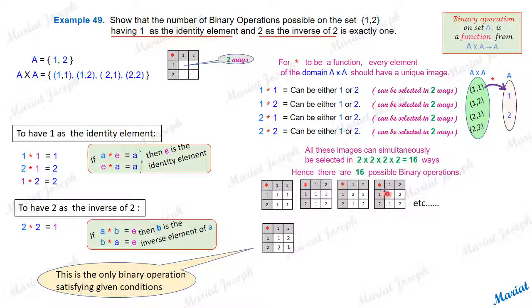There may be 16 binary operations, but this is the only one satisfying all the conditions. Hence, there is exactly one binary operation that will have 1 as the identity element and 2 as the inverse of 2. None of the other binary operations will satisfy both of these conditions. So exactly one binary operation is there.